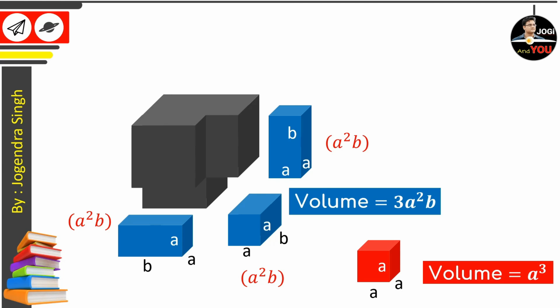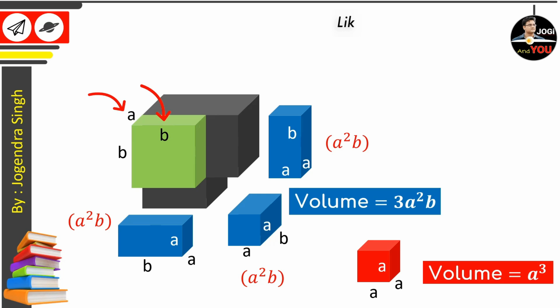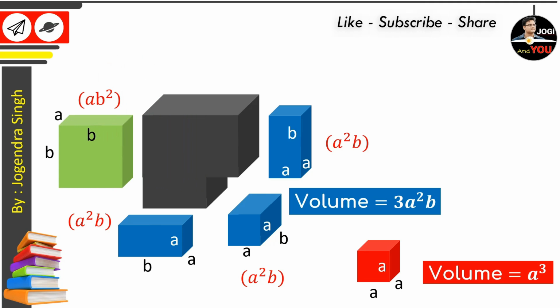Excellent. Now we are going to mark this piece here. So we are going to mark this out with this color. You can see that this length is B, breadth is A, and then the height is B. Now let us pull this out and you can see that this is nothing but A B squared in terms of volume. Now let us mark this piece here.